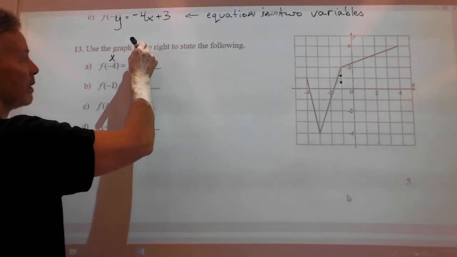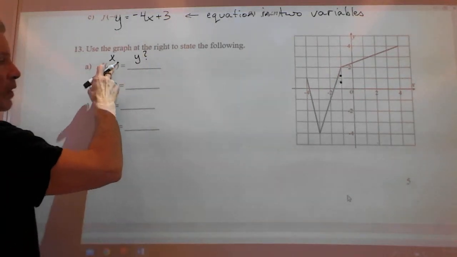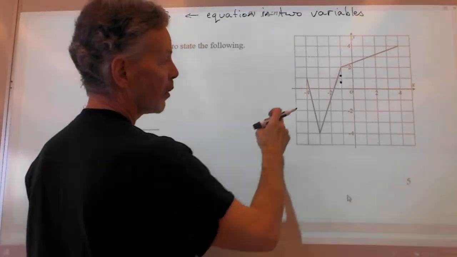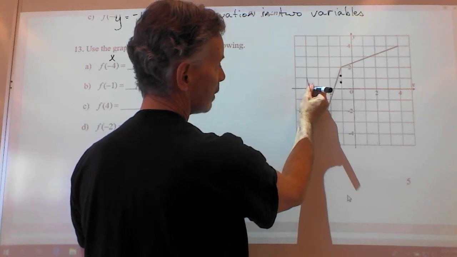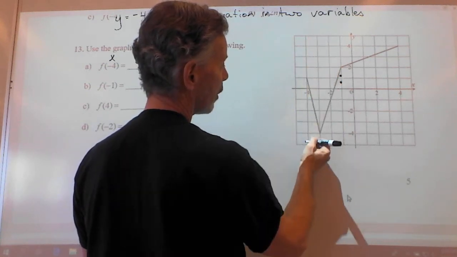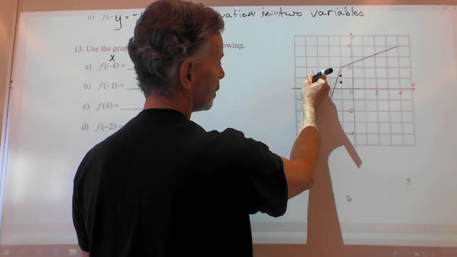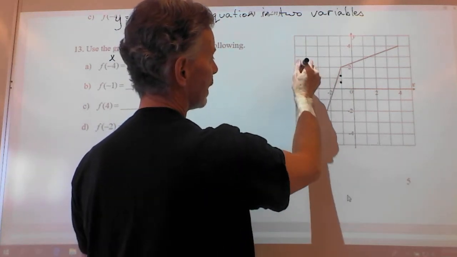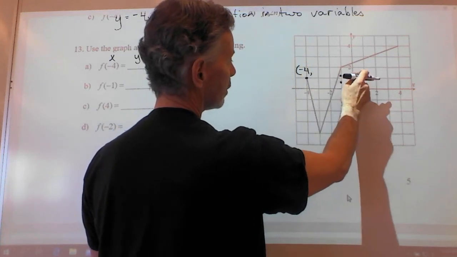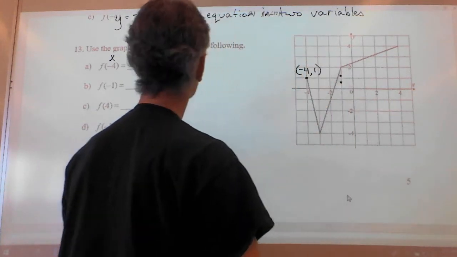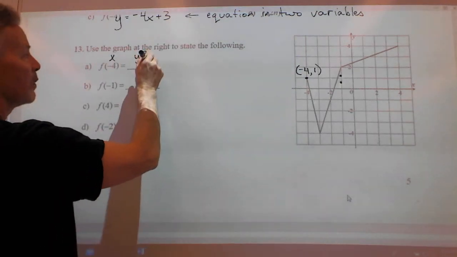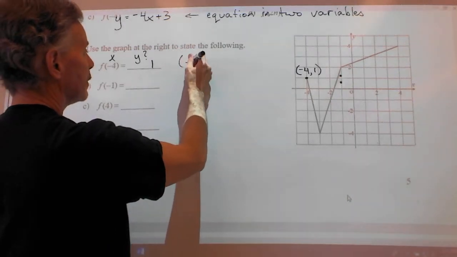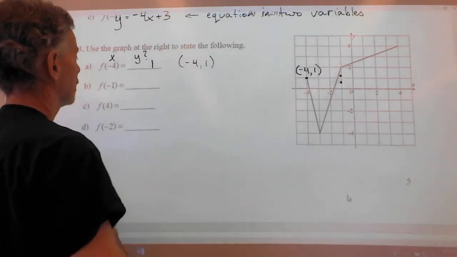And they're saying, when x is negative 4 on your graphed line, what does y equal? Well, go to x equals negative 4 and see, where does the line cross x equals negative 4? It crosses right here. And so our ordered pair will be at negative 4 and positive 1. So f of negative 4 equals positive 1. And our ordered pair would be negative 4 and 1.